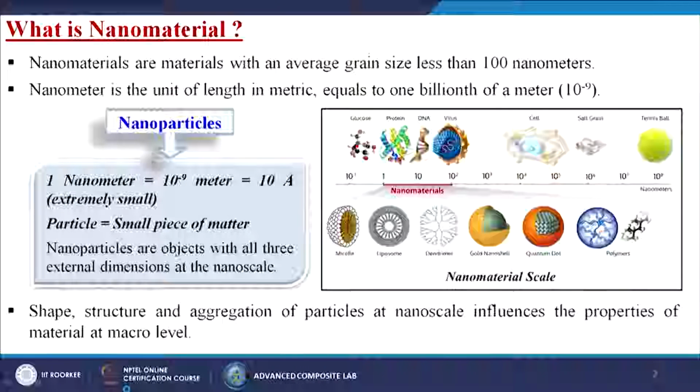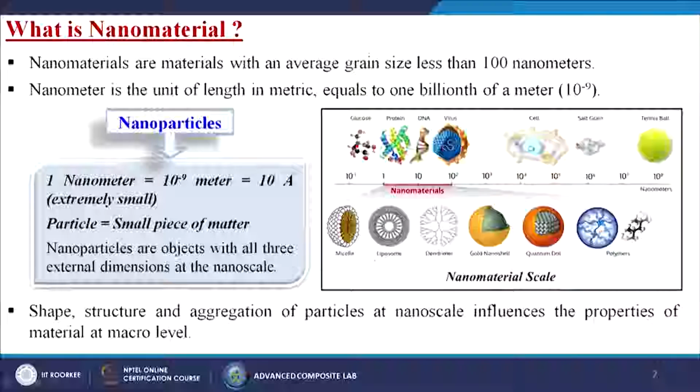If you see this image, you can see the scale in meters, 10 to the power minus 9, 1 to 100 nanometers, then 10 to the power 3, 10 to the power 4, 10 to the power 5, 10 to the power 6, and so on. When we talk about nanomaterials, that is 1 to 10 to the power 2, that means 100 nanometers.